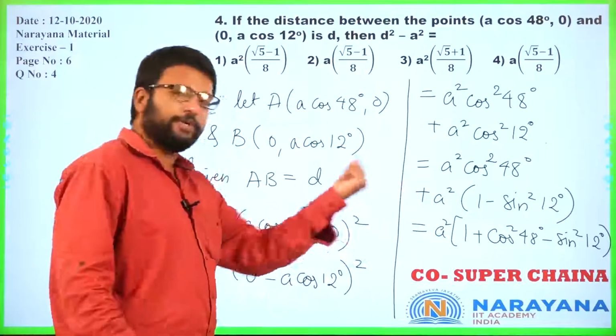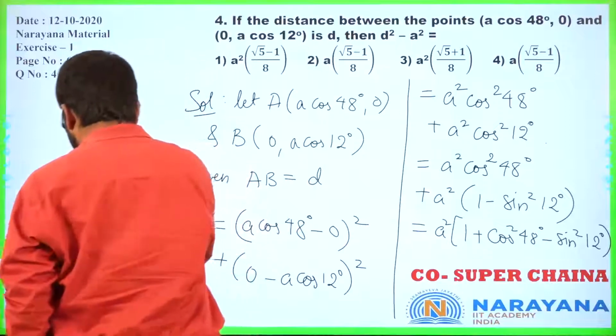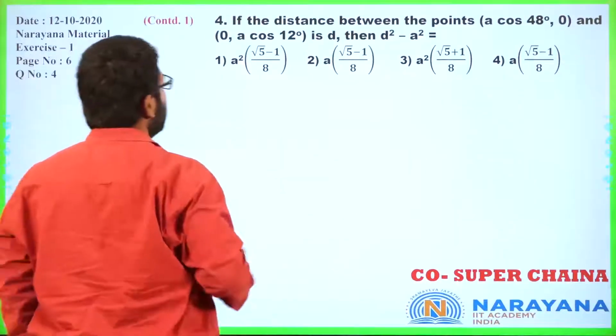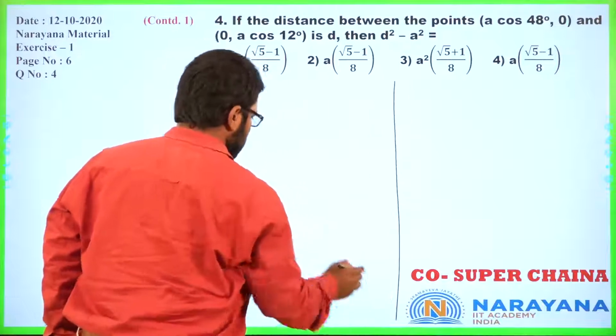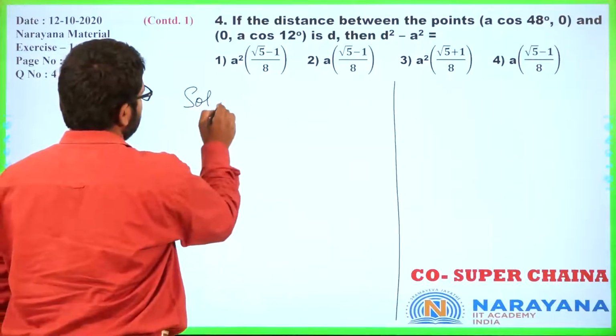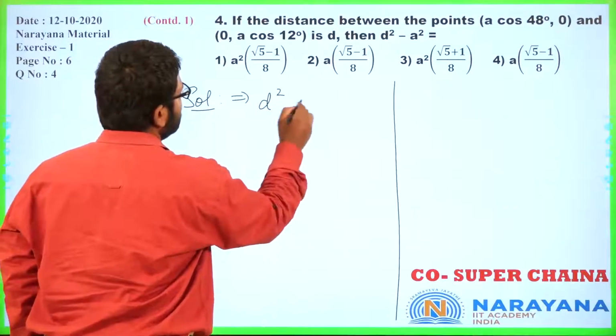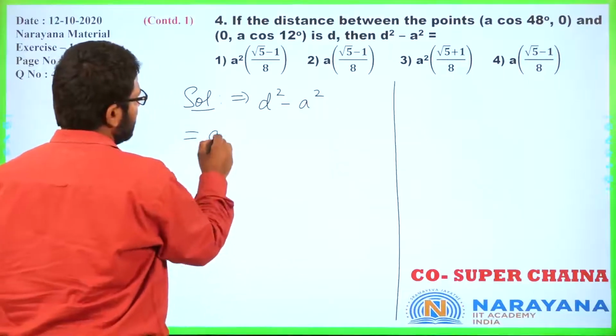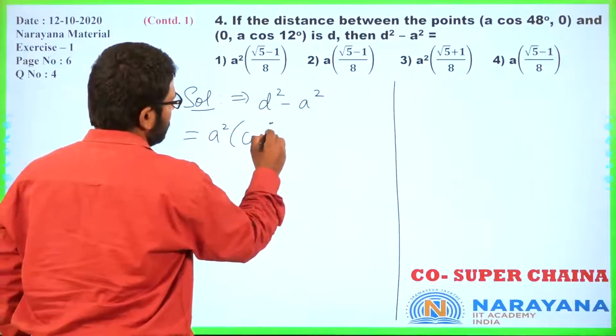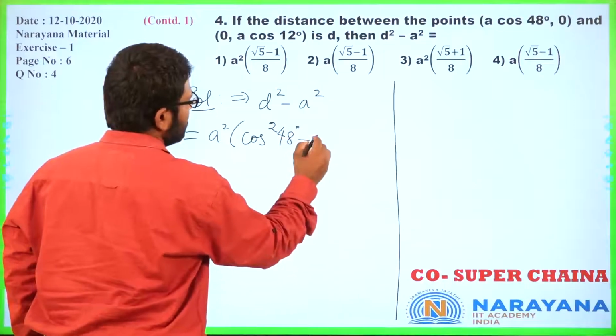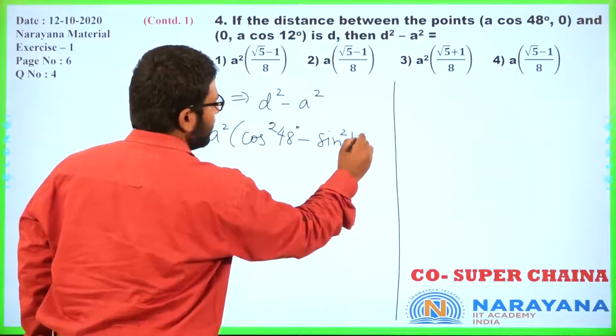You take A square to the LHS. So this means D square minus A square is A square into cos square 48 degrees minus sin square 12 degrees, right?